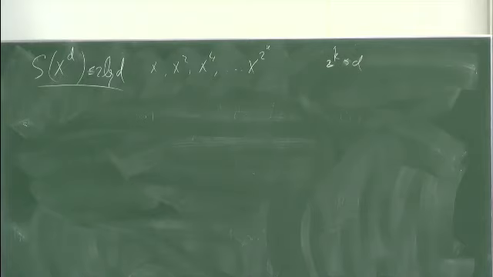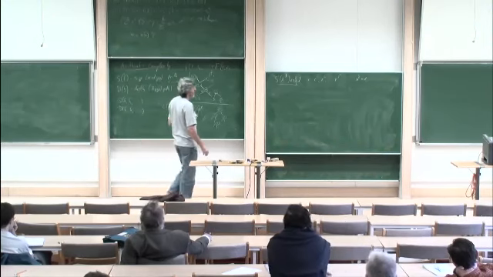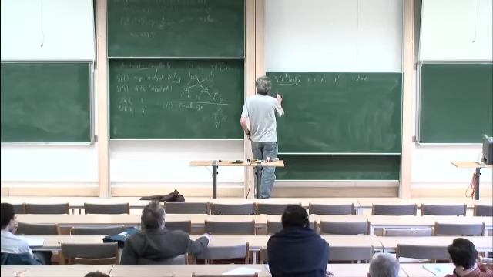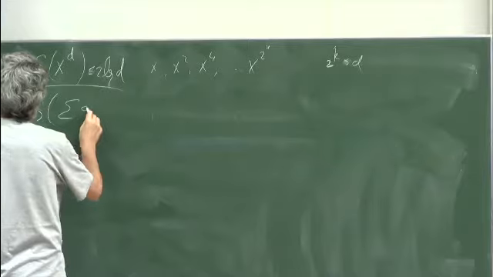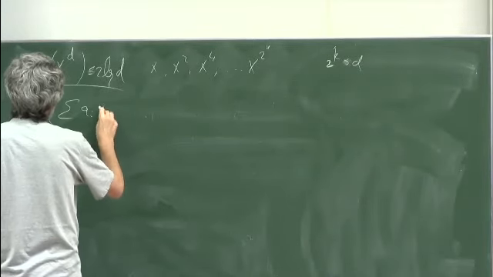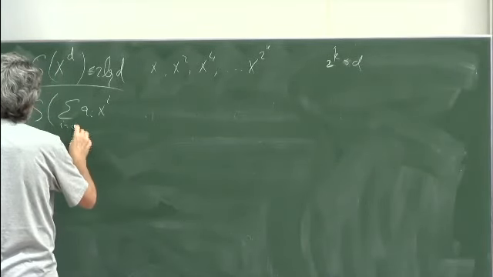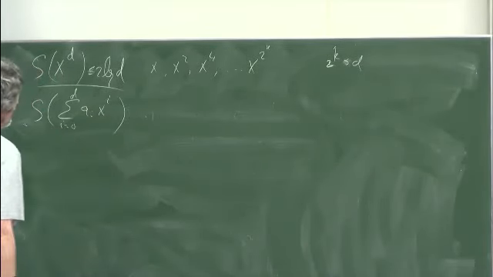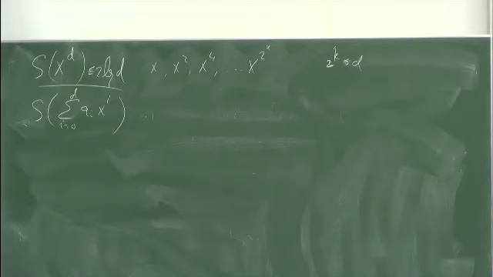This is a very special polynomial. You can take a random polynomial, the sum of a_i x to the i, where i goes from 0 to d. What do you expect the complexity of such a polynomial would be in the worst case?